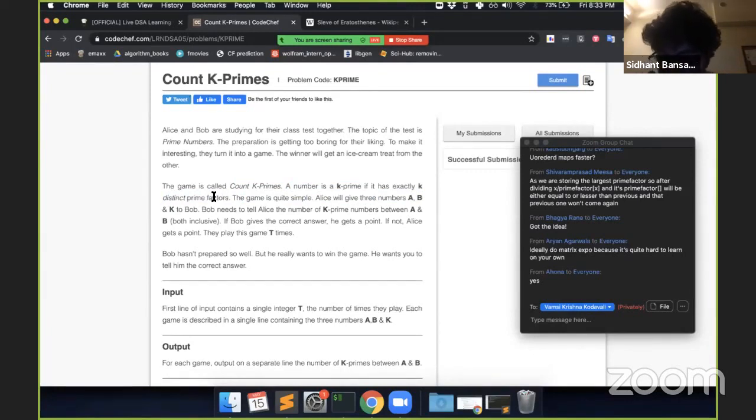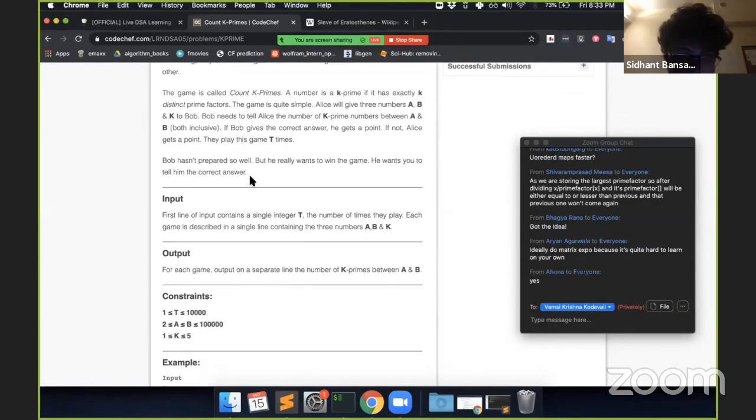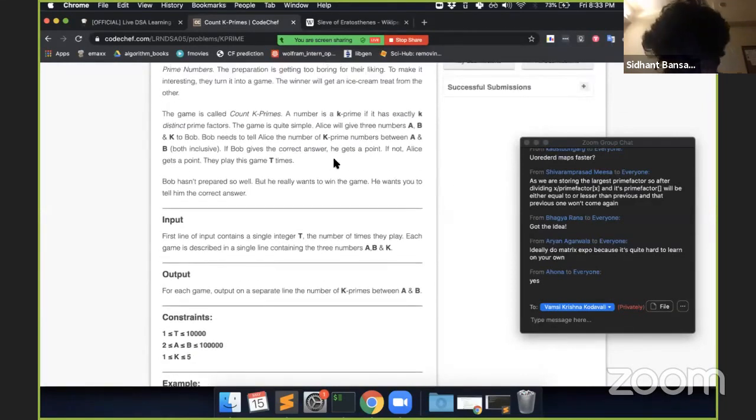Like 2 can occur multiple times, like 2 into 2 into 2, but it's still a single prime factor. The game is quite simple. Alice is given 3 numbers A, B, and K, and K prime factors between A and B, both inclusive. So between the range A to B, how many numbers are there which are K primes?